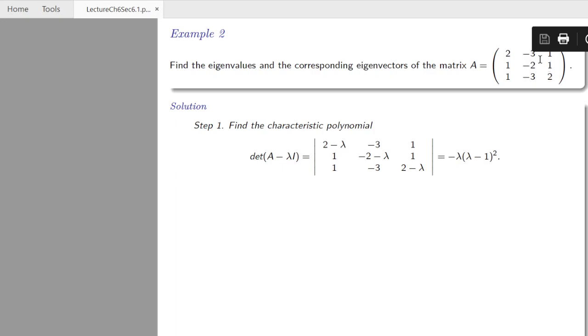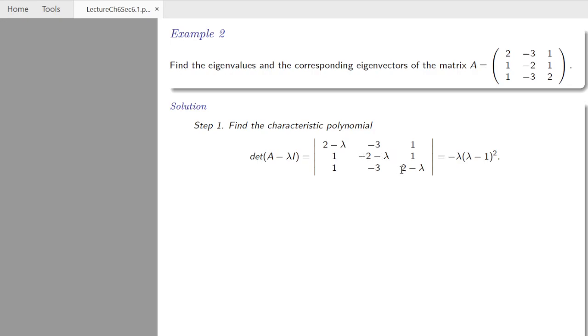So here is the matrix A minus lambda I. Lambda just appears on the main diagonal, so on the main diagonal we get 2, which is A11, so 2 minus lambda times 1. And here this is A22 minus lambda times 1.